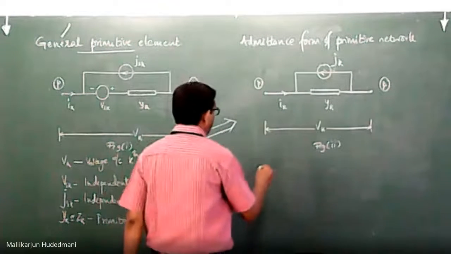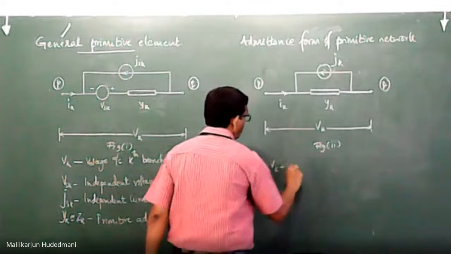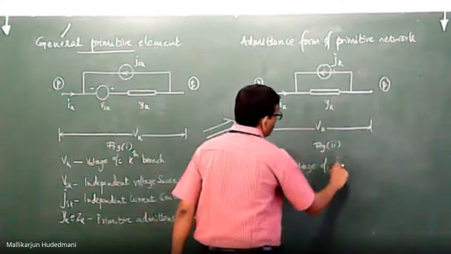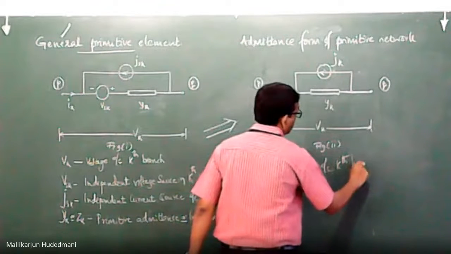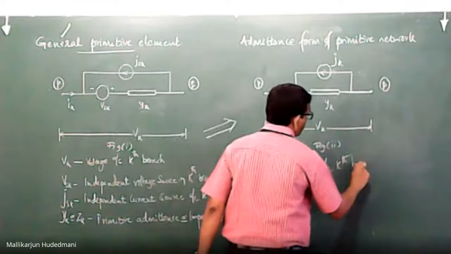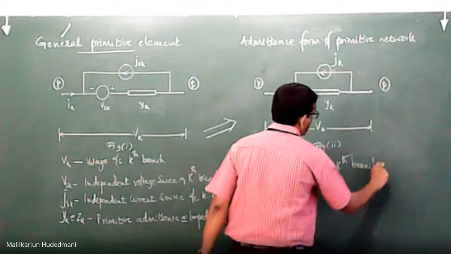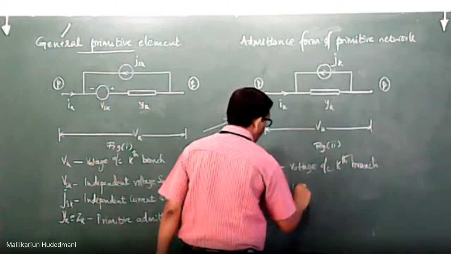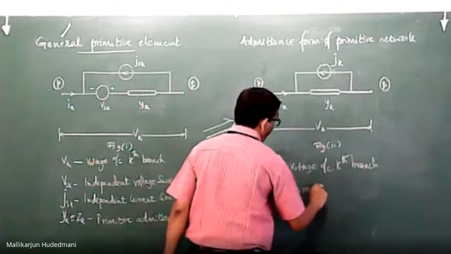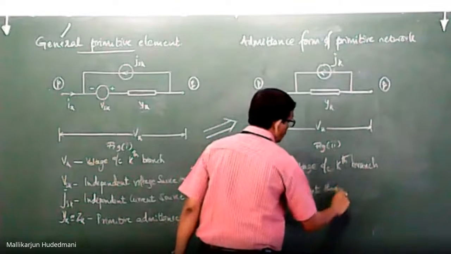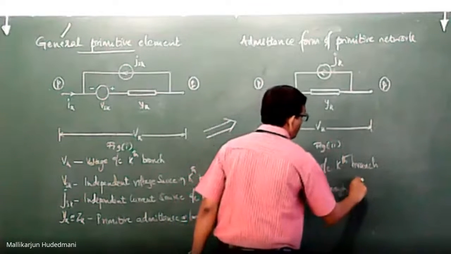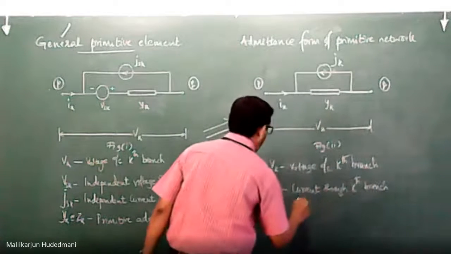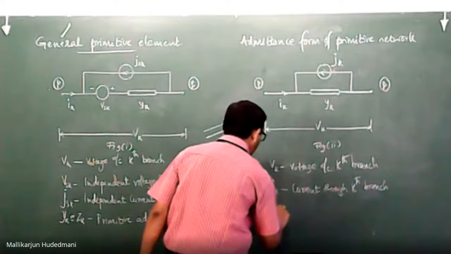Now I just write Vk is the voltage across kth branch. Then Ik is the current through kth branch. Then I have Jk. Can you see here?